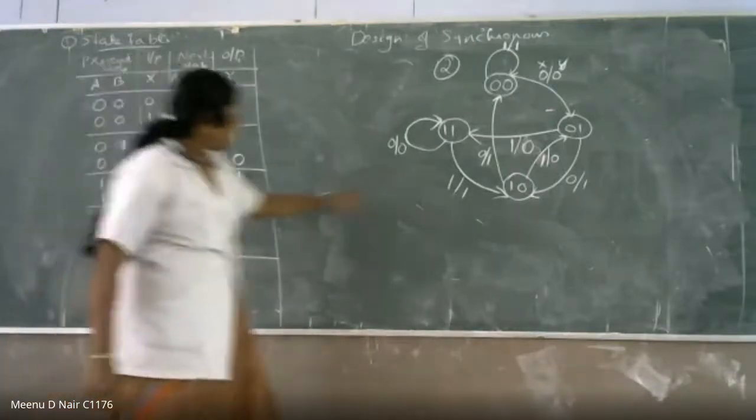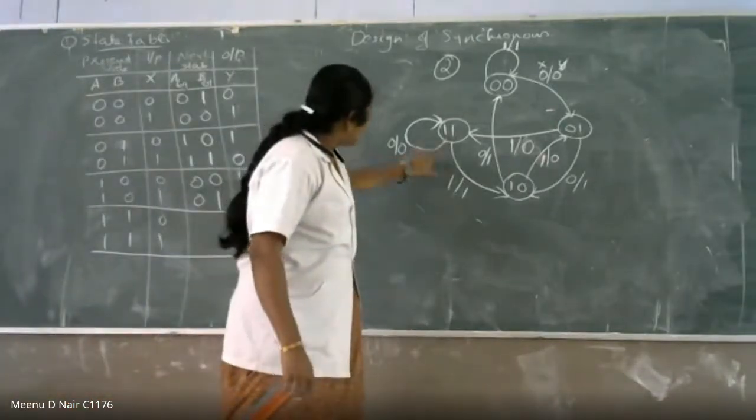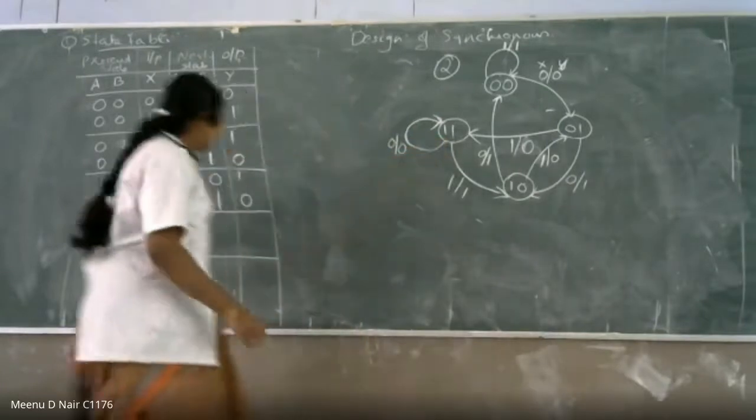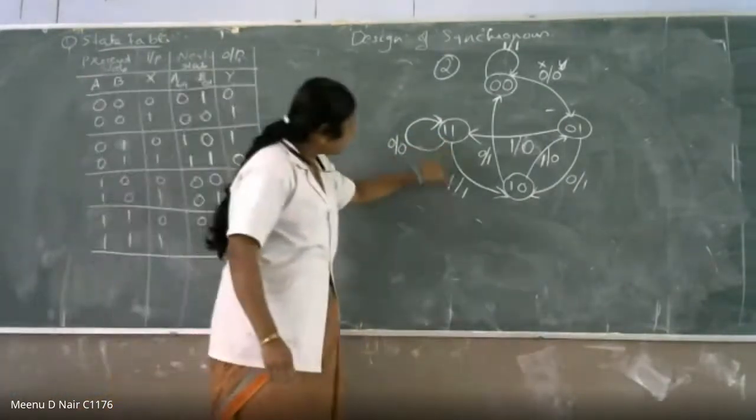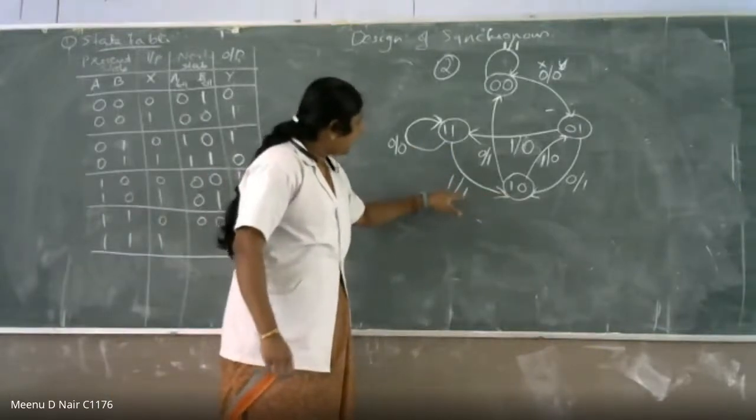Then the last one is 1, 1. So this is 0, 0, output 0. Then 1, 1 is moving to 1, 0 with an output 1.